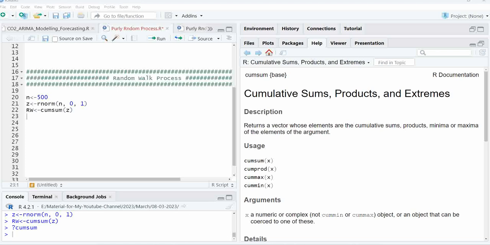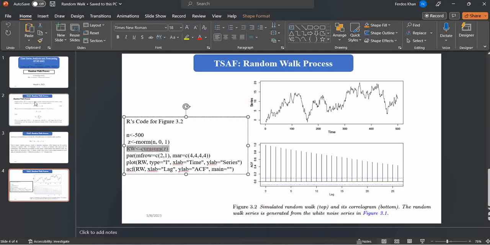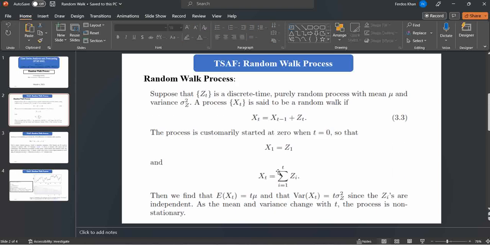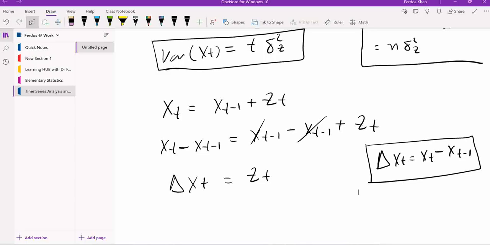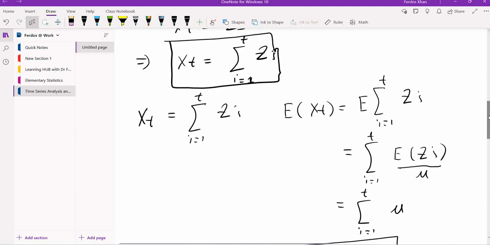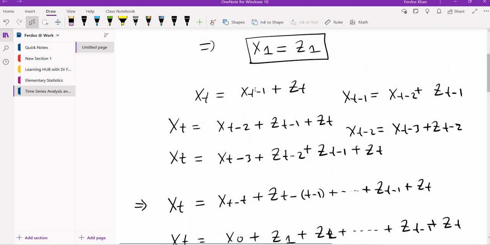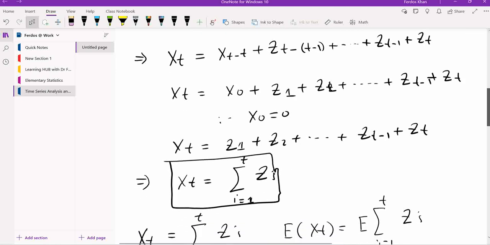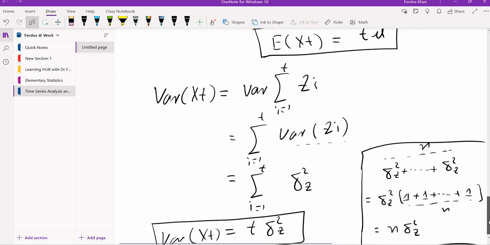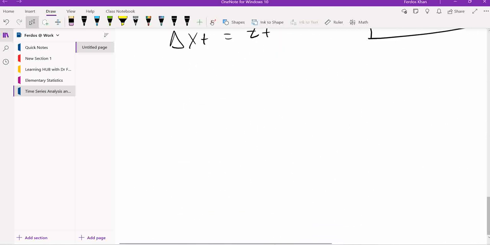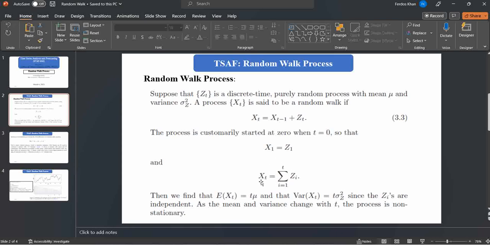You can see in the theoretical part why we use this function, because in my derivation this is a cumulative sum. You can see that xt is equal to this, and x2 is the sum of these two variables. So in the end, this is the cumulative sum of the random process.